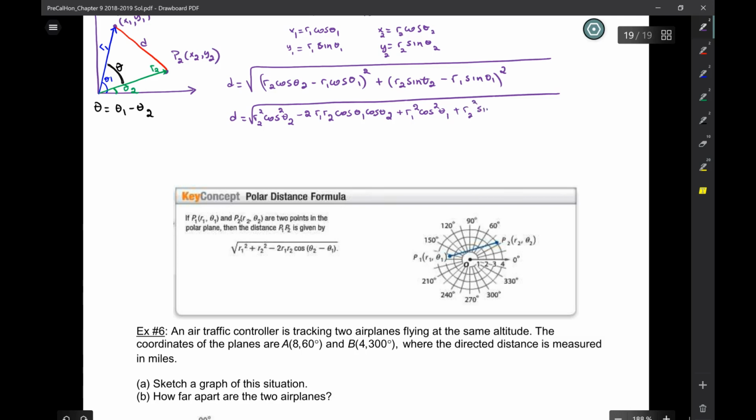R2 squared sine squared theta 2 minus 2 r1 r2 sine theta 1 sine theta 2 plus r1 squared sine squared theta 1. Okay?